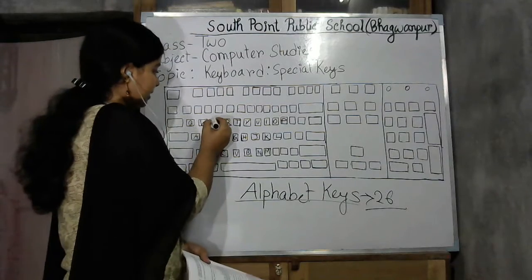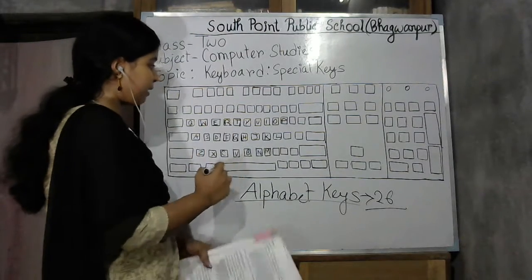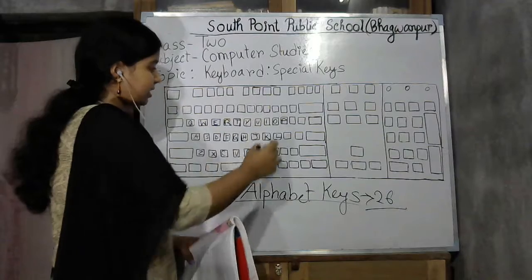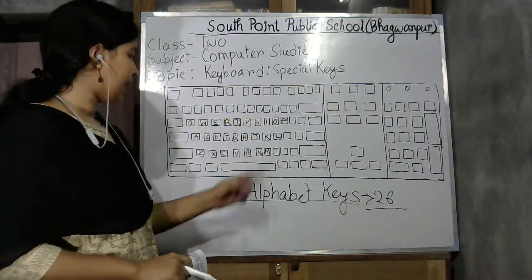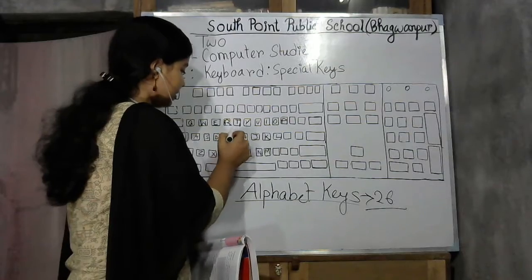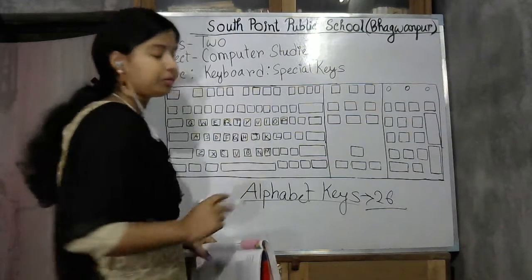This way 26 letters are arranged in a jumbled way on the keyboard, and you have to search for them and type them to type letters or words.